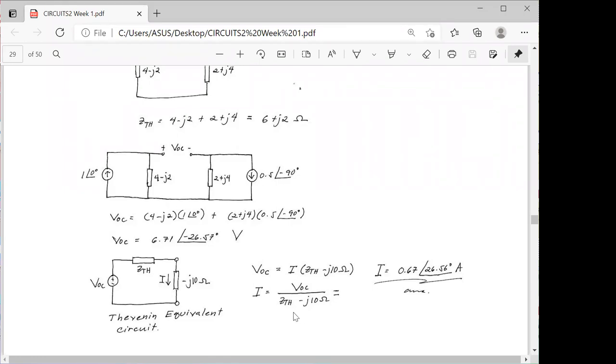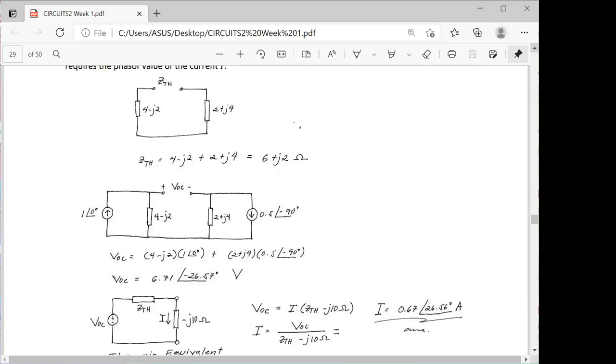After that, we can substitute the computed open circuit voltage VOC, and the value of our ZTH plus negative J10. And our final answer is, our current is 0.67 angle positive 26.56 degrees ampere. So that's how we determine our phasor current I in the negative J10 impedance or reactance.